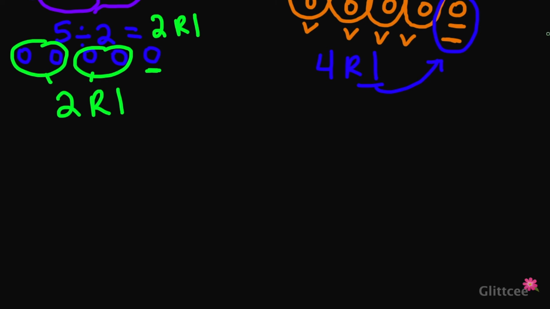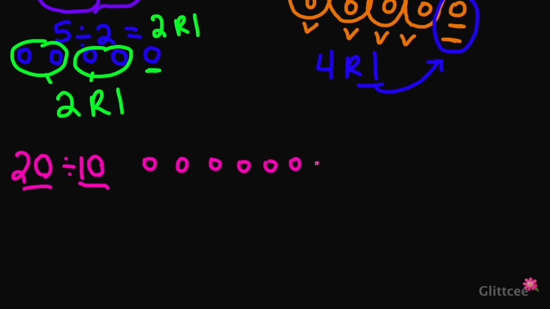Let's try this one. Let's try 20 divided by 10. So let's do 20 marbles. Remember, 20 marbles in groups of 10. 1, 2, 3, 4, 5, 6, 7, 8, 9, 10. 1, 2, 3, 4, 5, 6, 7, 8, 9, 10.